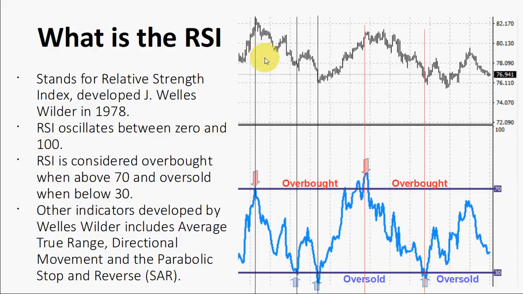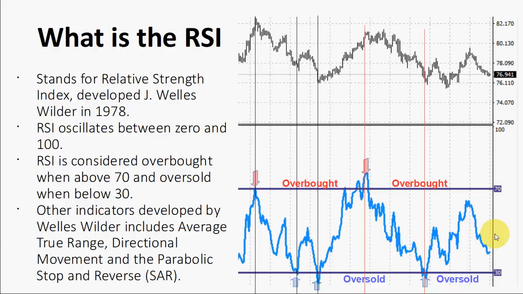So this is the instrument. It could be anything. It could be euro dollar, it could be currency, it could be stocks, it could be cryptocurrency, it could be anything. So RSI will give you those indications. Okay.